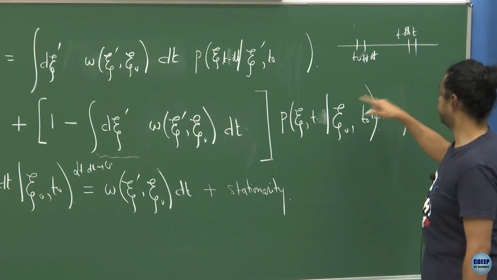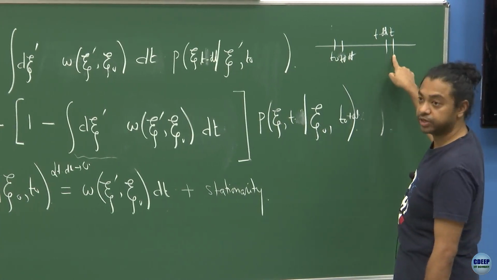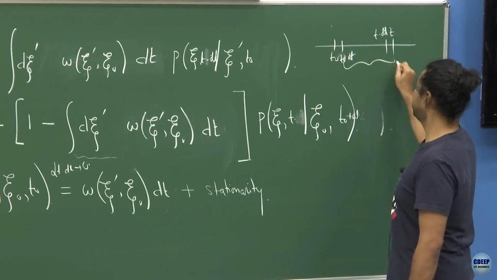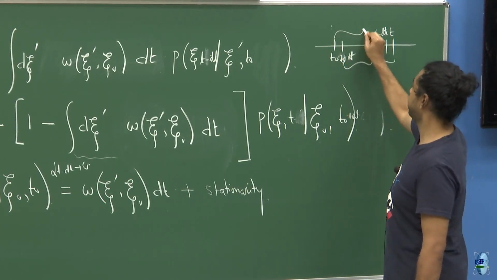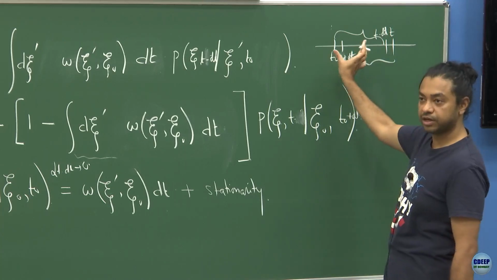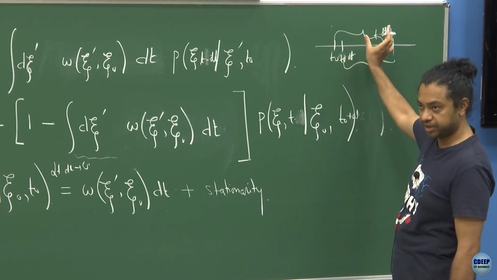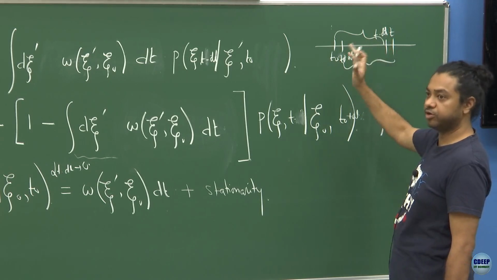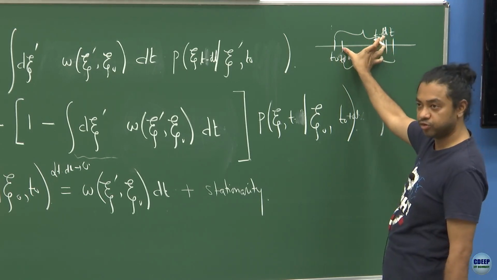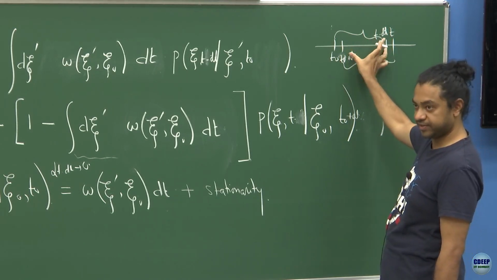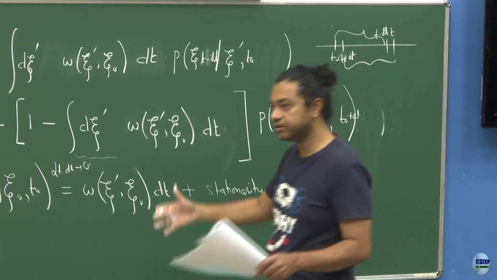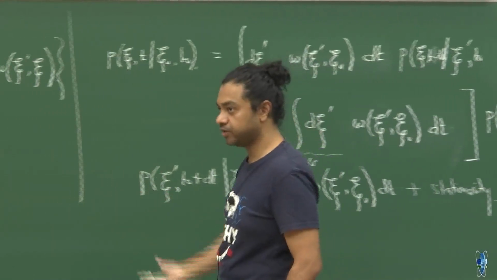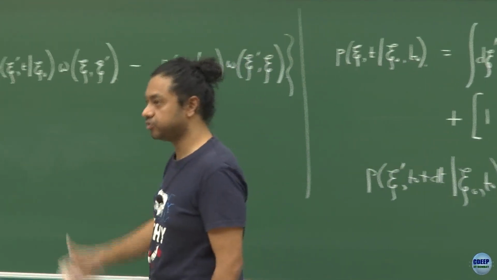So, earlier it was t naught plus dt to t, this interval. Now, I am saying from t naught to t minus dt, this interval. So, I have just shifted everything around by this time dt, the absolute times, but the gap between these two events stays at the exact same value. So, that is the stationarity assumption, that only time intervals matter, the precise values of the time do not matter.